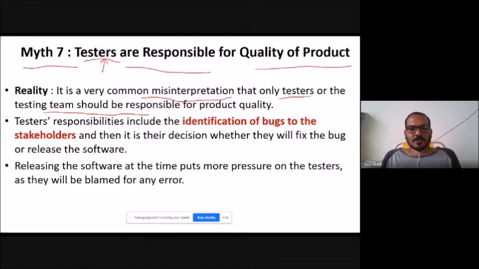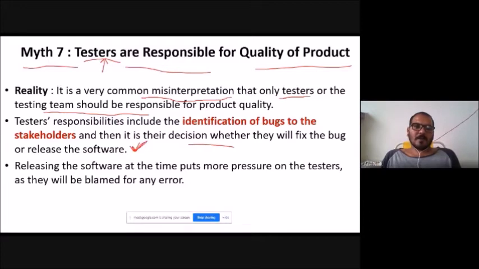Testers' responsibility includes the identification of the bugs to the stakeholders, and then it is their decision whether they will fix the bugs or release the software. So it's the tester's responsibility to identify the bugs in a software, as per the test cases.